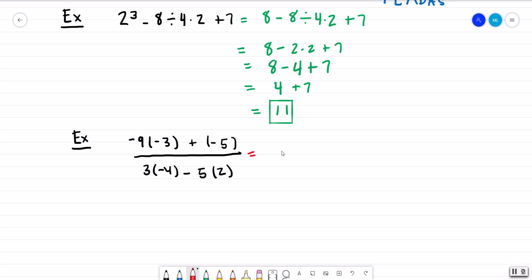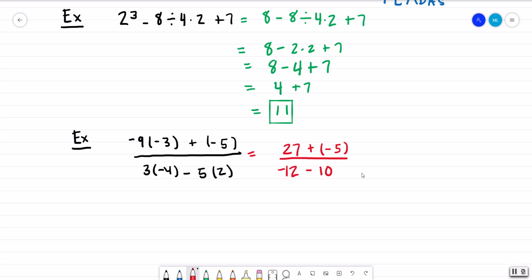So what we can do is go ahead and work the top part separately. -9 times -3 is going to be positive 27, plus -5. And for the bottom, from left to right, you have -12 minus 10.